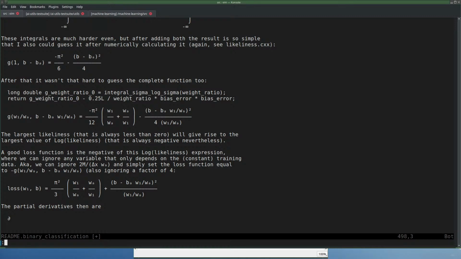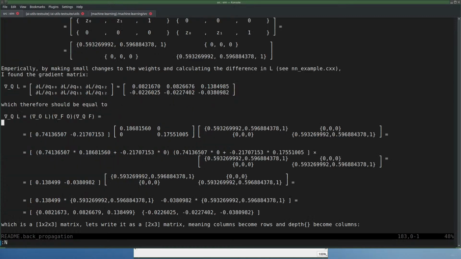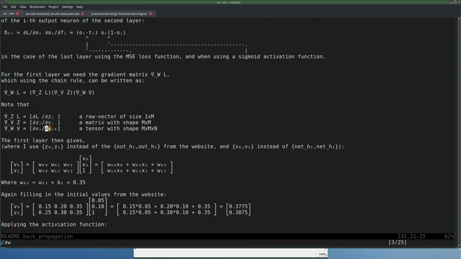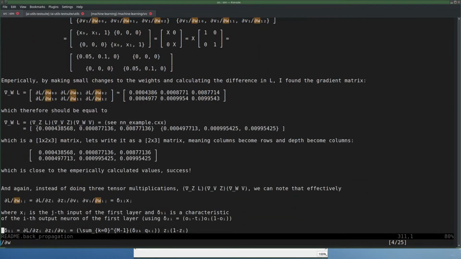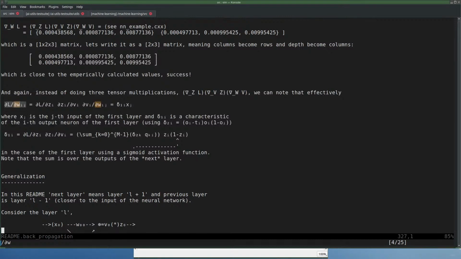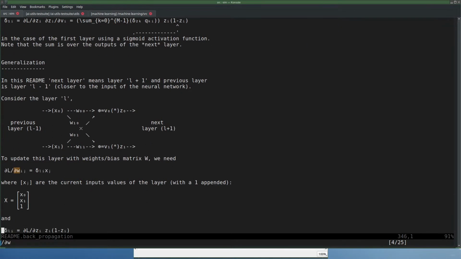I forgot what I need. I think we need that, and then something with W also. Just a loss function. This, we need this. Maybe I should look at the final formula that I need.